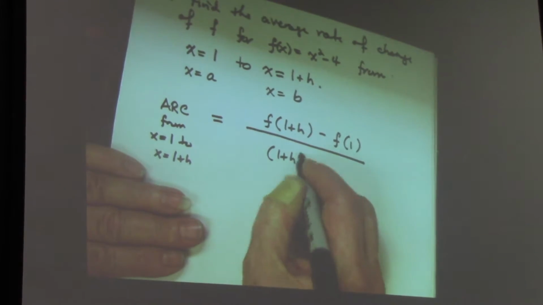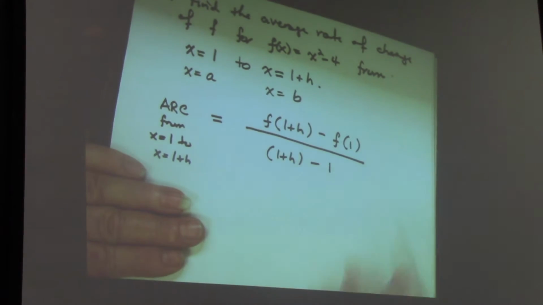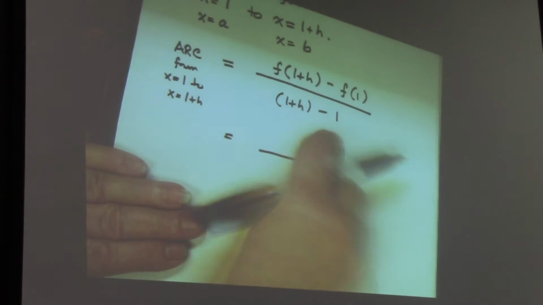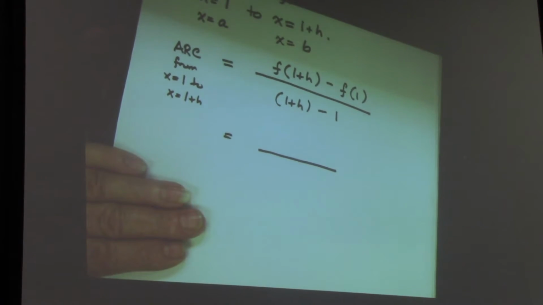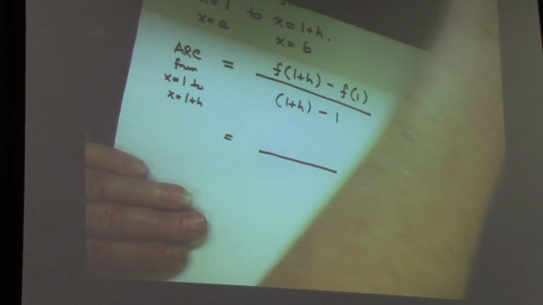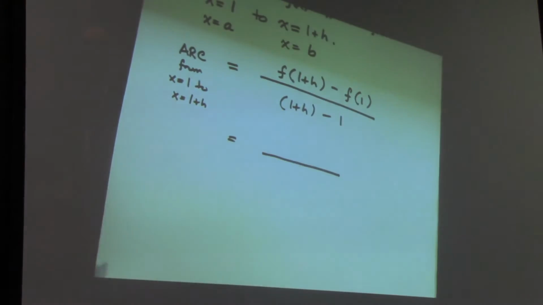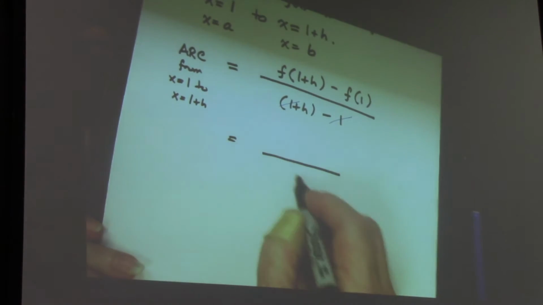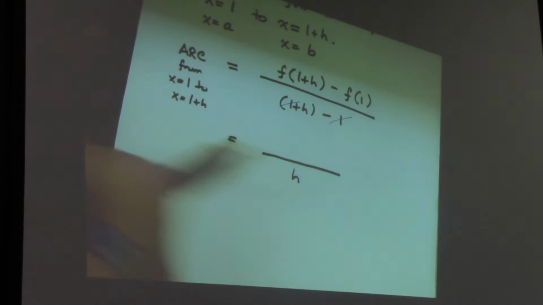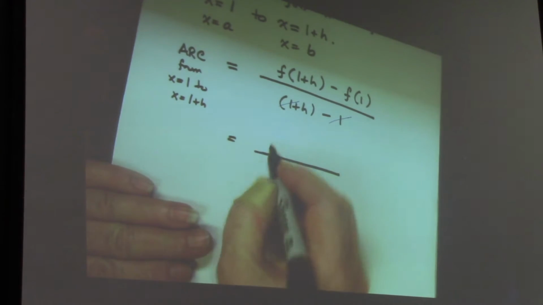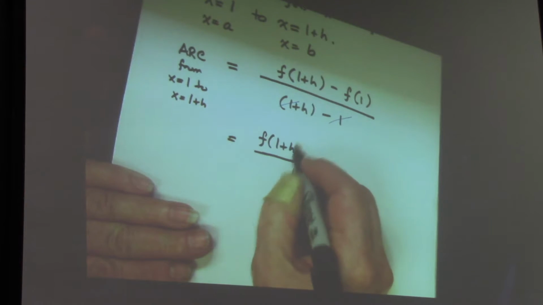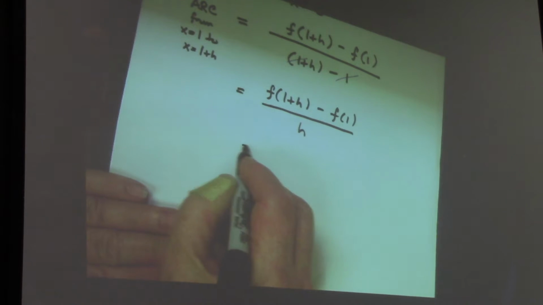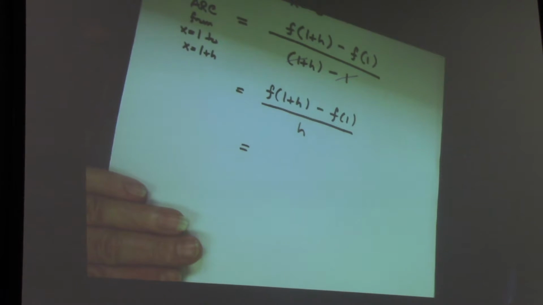What do we get in the denominator? h, right? Because 1 plus h minus 1, the 1's cancel, and I simply get h. And the numerator is f of 1 plus h minus f of 1, over h.